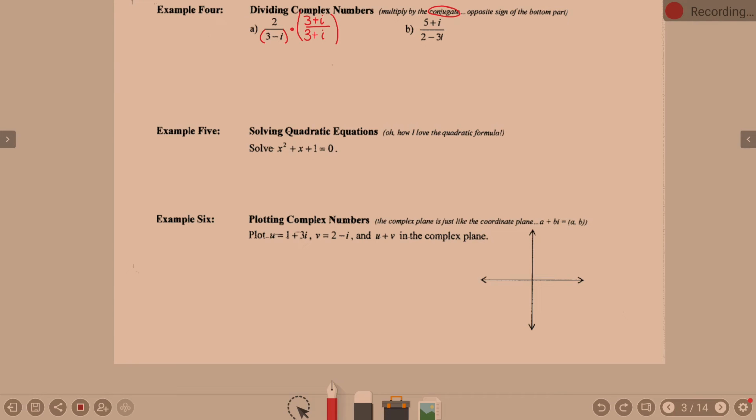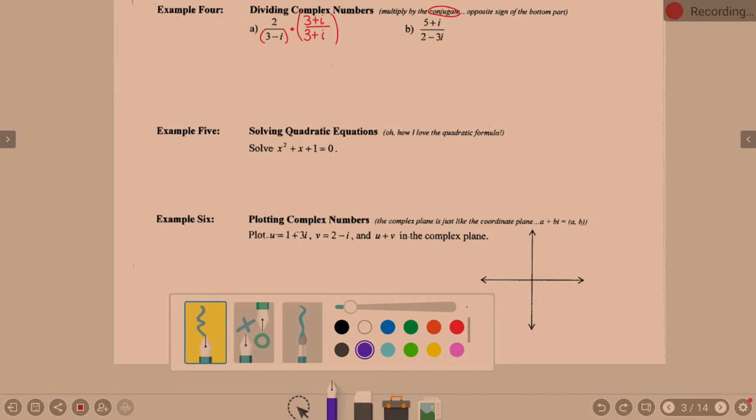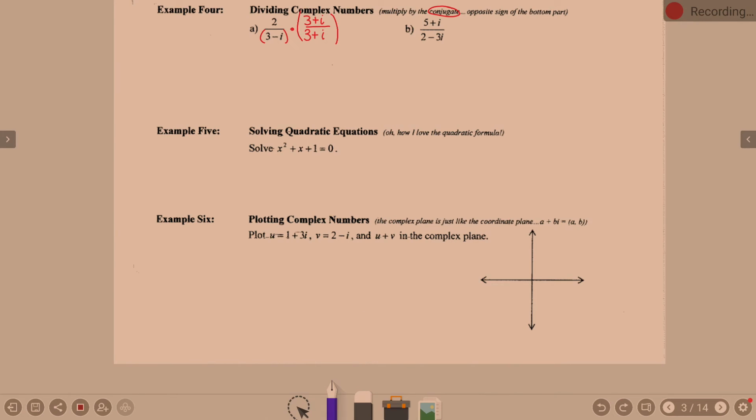And then it just turns into multiplying and cleaning it up. On top, how do we multiply 2 times 3 plus i? Yep, basic distribute. So 2 times 3 is 6, plus 2 times i is 2i.